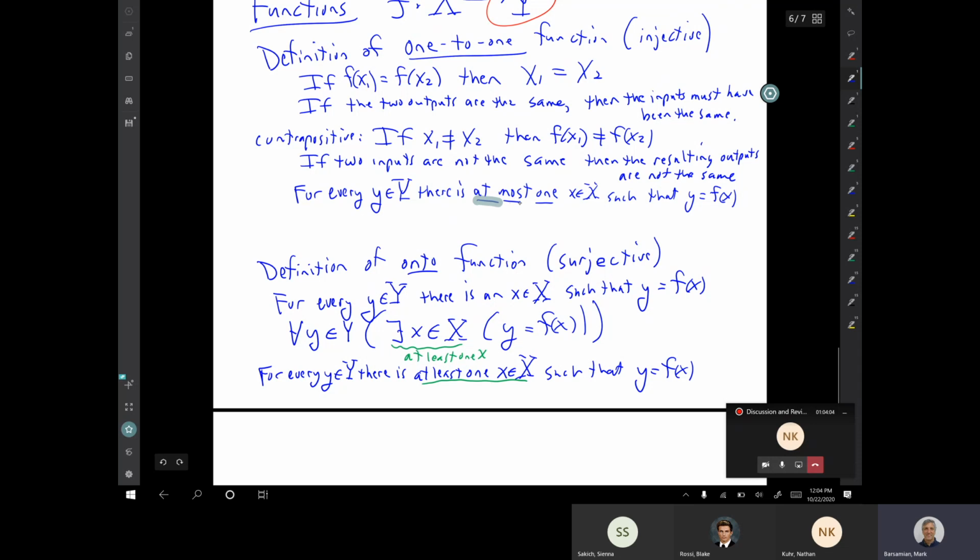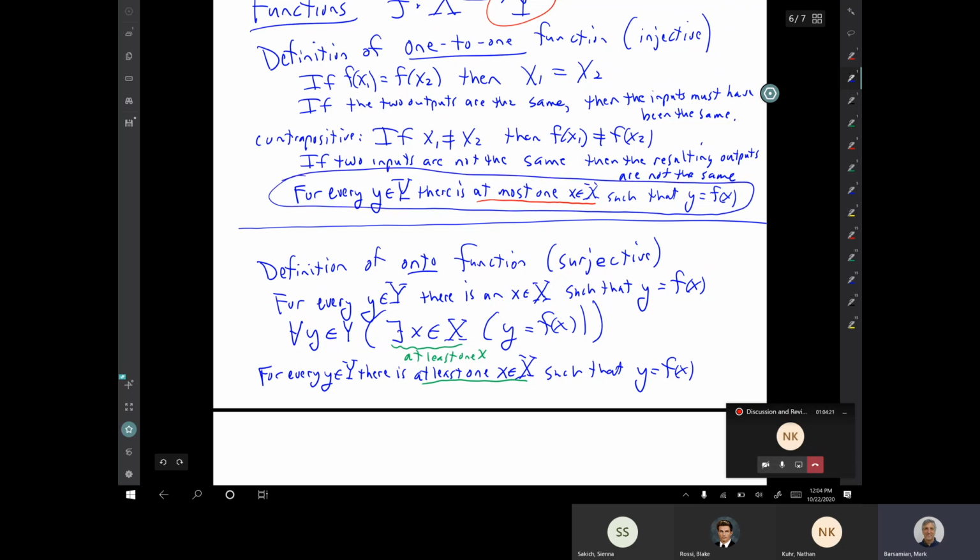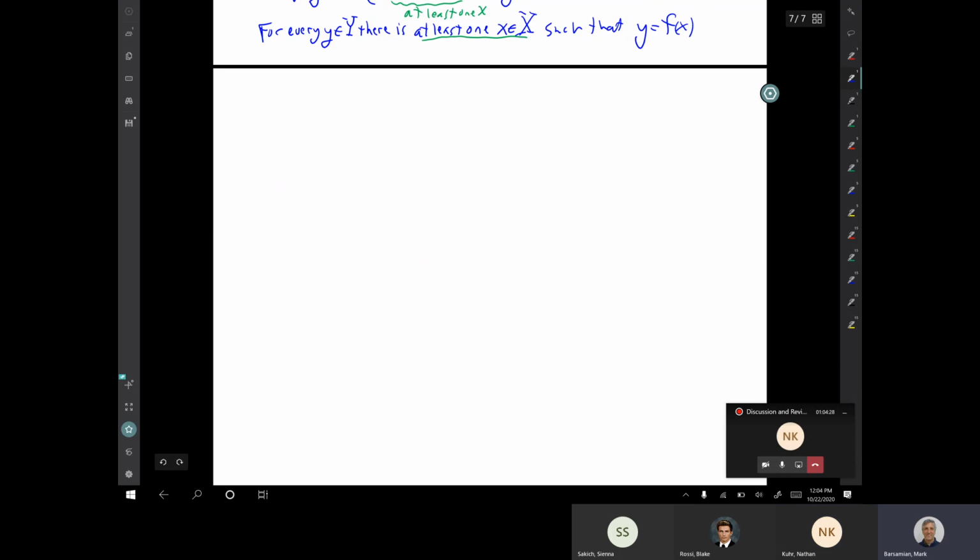So I'm going to do that in red. This sentence that we just wrote does not say that there are any x's. It just says there is at most one. So for instance, let's think about the graph of y equals e to the x.